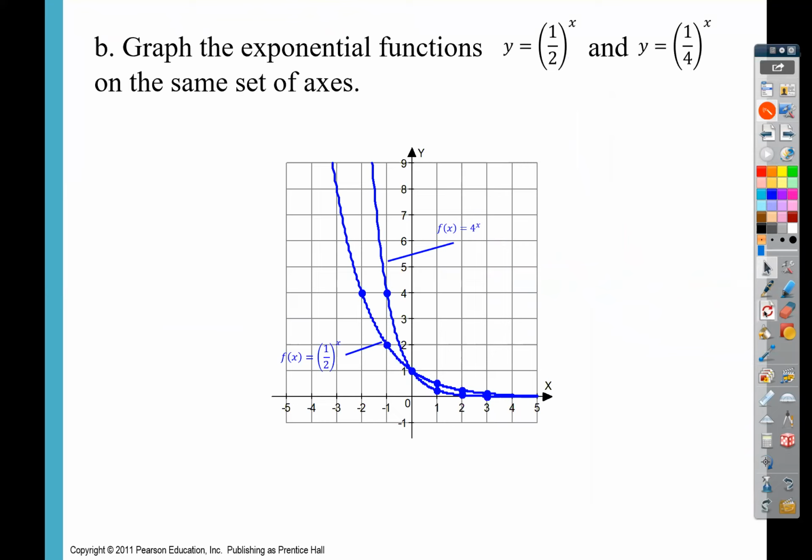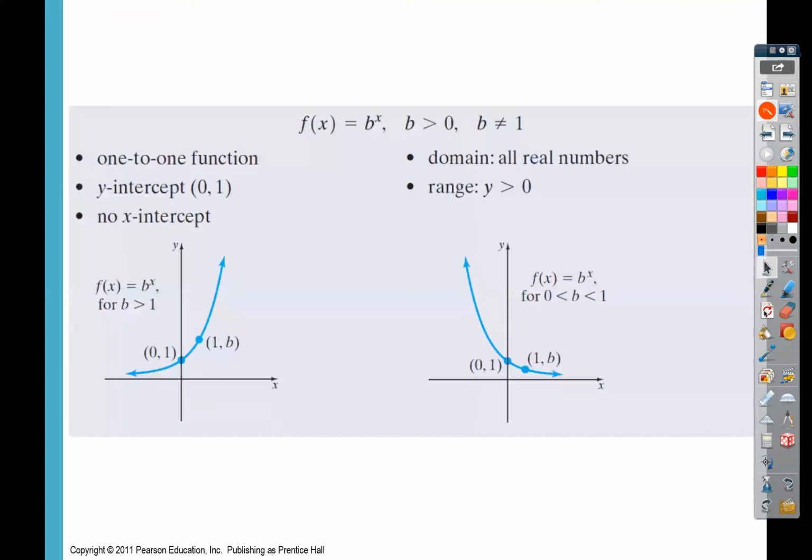Okay, so realize that we're just plotting this based on plugging in coordinates. That's all we're doing. So something to know from the first two examples: when b was greater than 1, the graph goes up. When b was less than 1, the graph goes down.